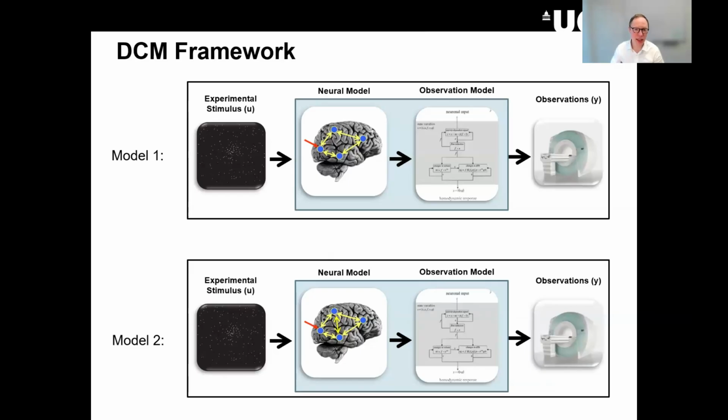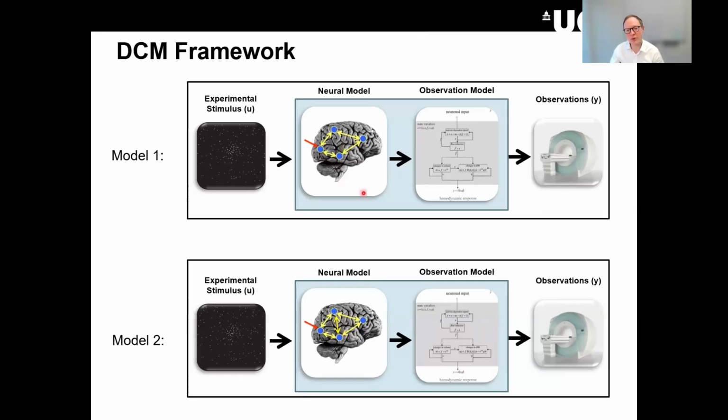How would you use it? Well, let's say I've got two hypotheses. One hypothesis is that my data were generated according to the top diagram here, where there are connections in the dorsal and ventral regions of this brain network. My second hypothesis is that there is direct connectivity between the dorsal and ventral streams. How could I evaluate which of these is the best explanation?